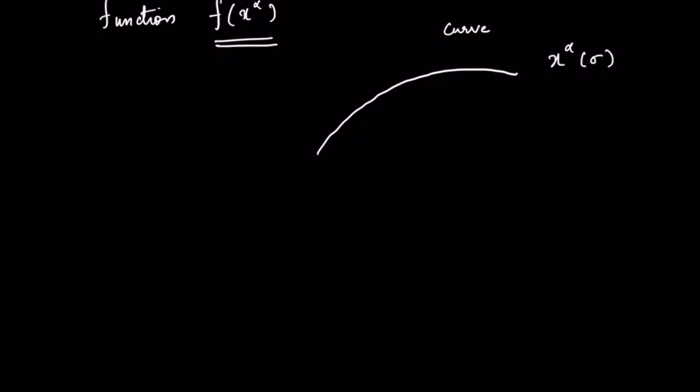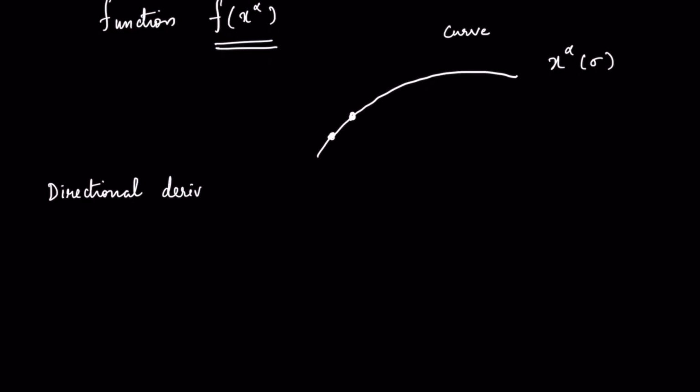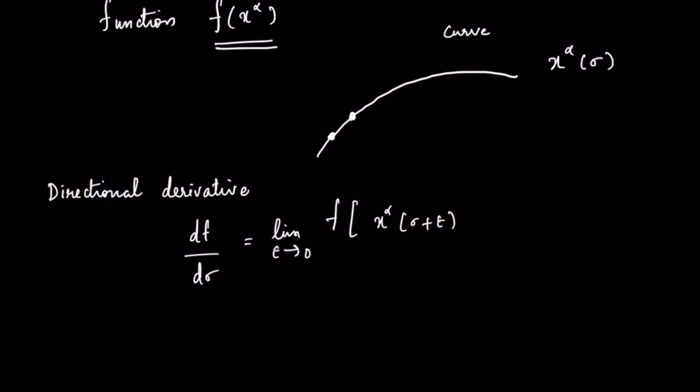At any point on the curve, you can define the directional derivative, right? That is defined by df by d sigma, and I can write it mathematically as the limit of epsilon tending to 0 of f of x alpha of sigma plus epsilon minus f of x alpha of sigma, divided by epsilon. This is the general description of the directional derivative.